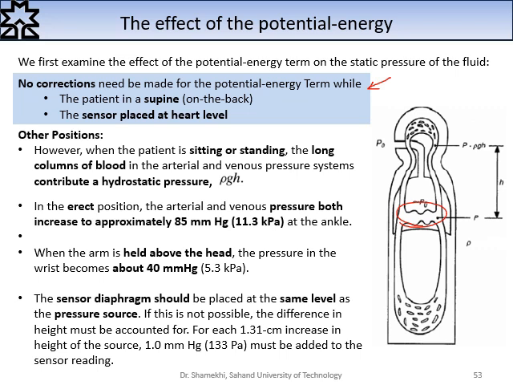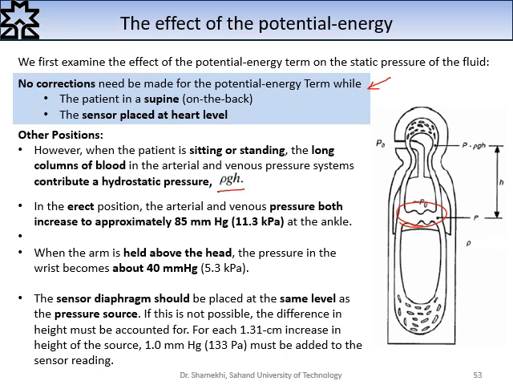But in other positions, however, when the patient is sitting or standing, the long columns of blood in the arterial and venous pressure system contribute as hydrostatic pressure, a term we have seen before, rho g h.